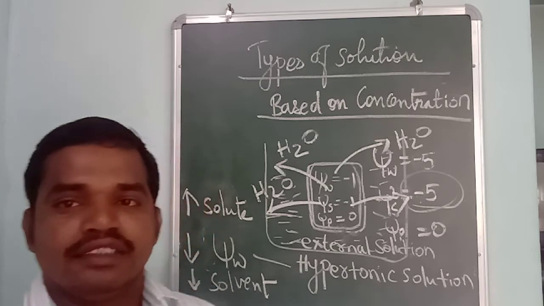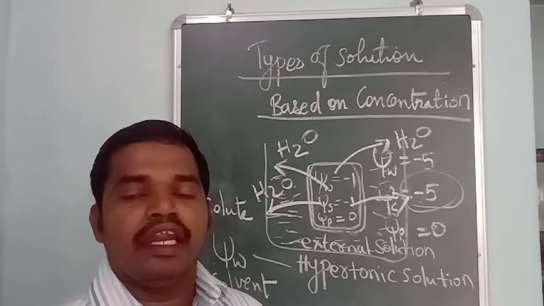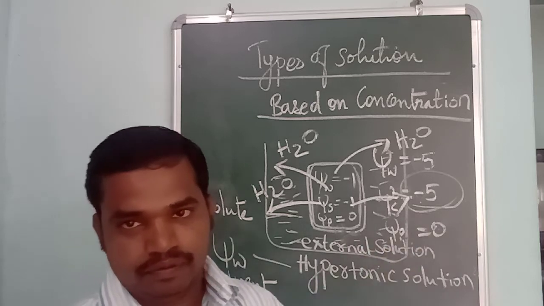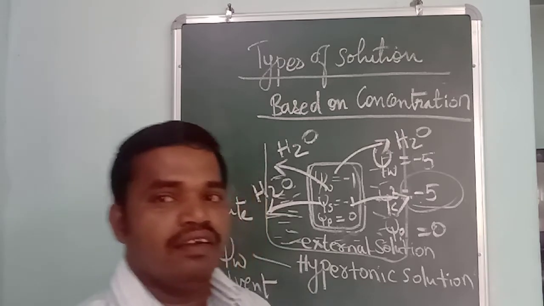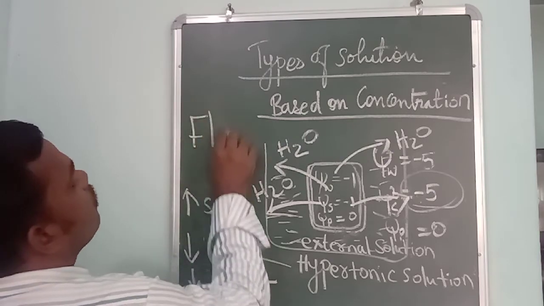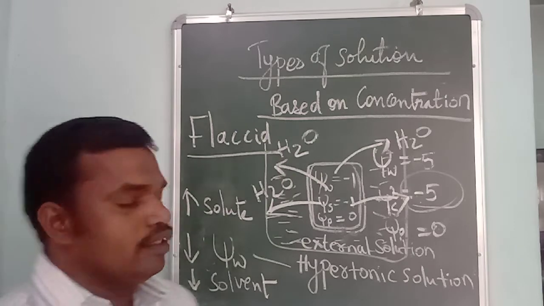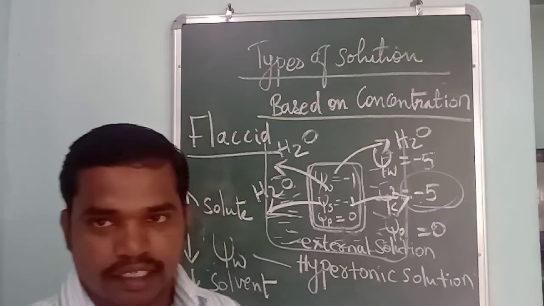That means the cell starts to shrink. The cytoplasmic content shrinks and moves away from the cell wall. This condition we call a flaccid condition.